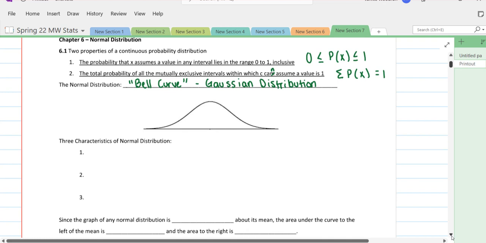A couple of properties of our curve. The first property is that the area under this curve, if I were to color this in and find the area, is 1. The total area of the curve is 1. And when we are referring to a normal distribution curve, area is equal to the probability.